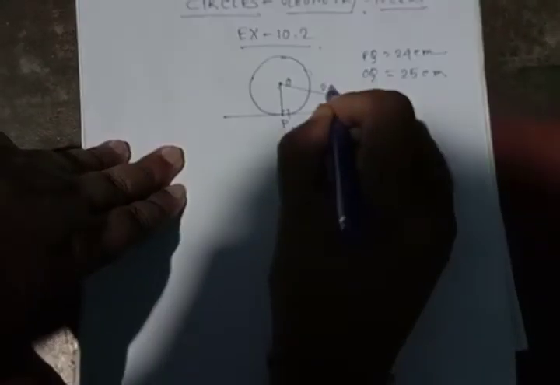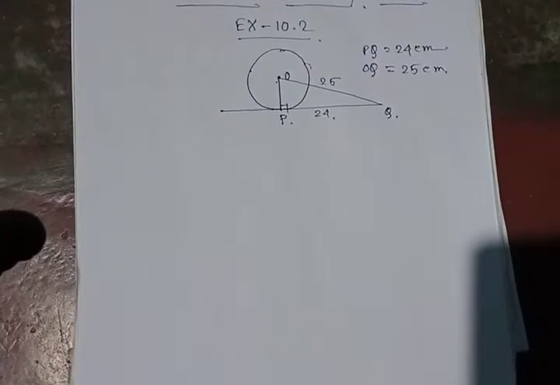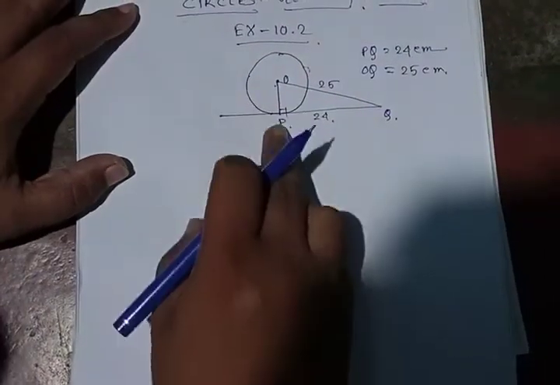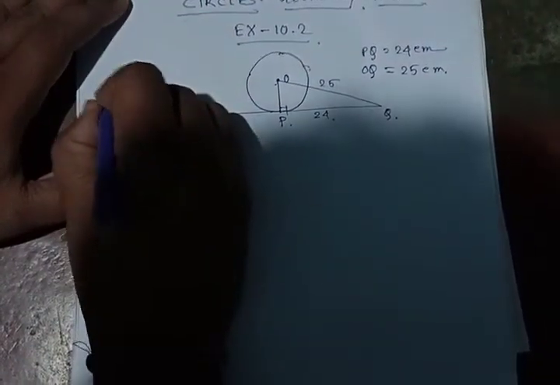We have to find OP, the perpendicular, that is the radius. So OP is the radius.